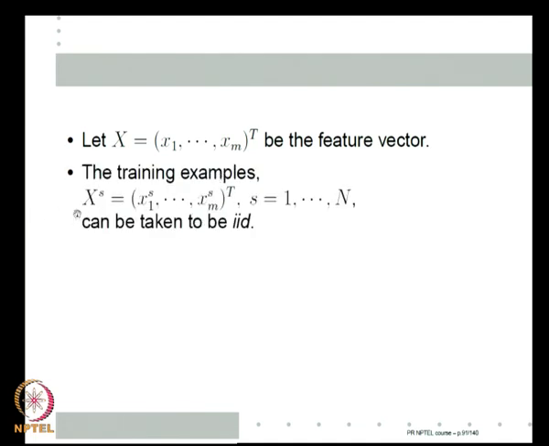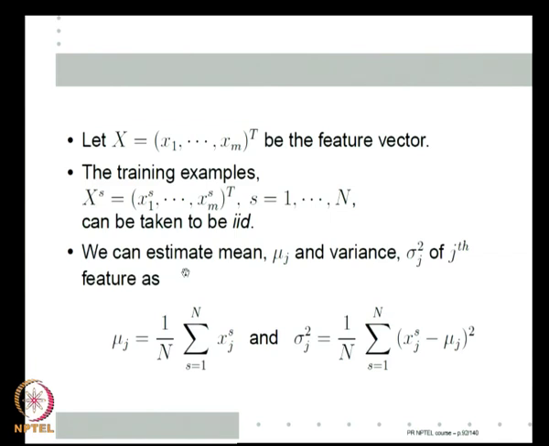Now, I have training samples xs, that means I have a sample for each one of these components, n such training samples. These can be taken to be IID. So, if I think of x1 as the random variable corresponding to the first feature, then x1 for s equal to 1 to n are IID samples of that random variable. So, I can find the mean and variance.